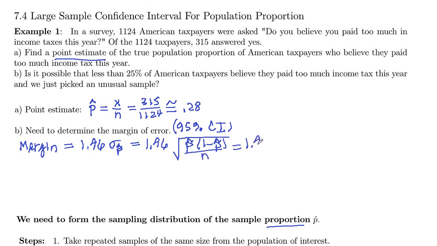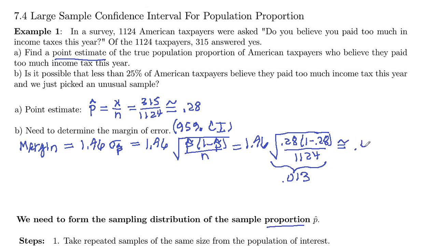So for us, that's 1.96, and our p-hat is 0.28, so the square root of 0.28 times 1 minus 0.28, divided by 1124, which is our sample size. If you evaluate this on the calculator, this standard error is 0.013. You multiply that by 1.96, and this is approximately 0.026 to 3 decimal places.